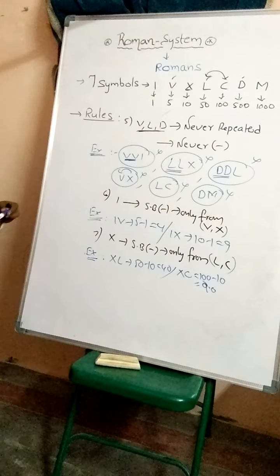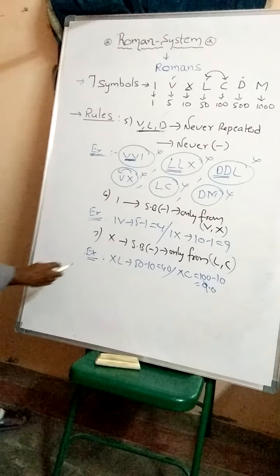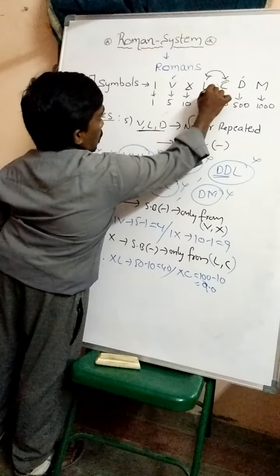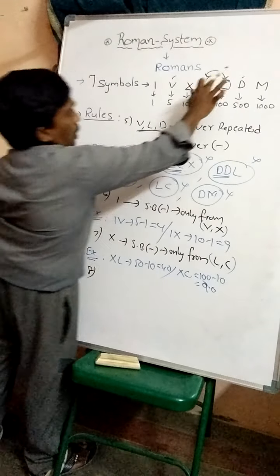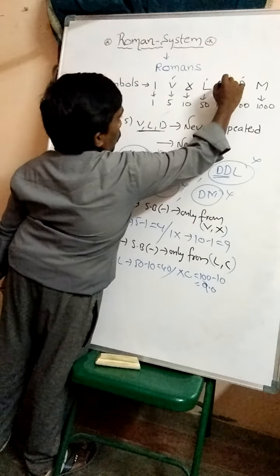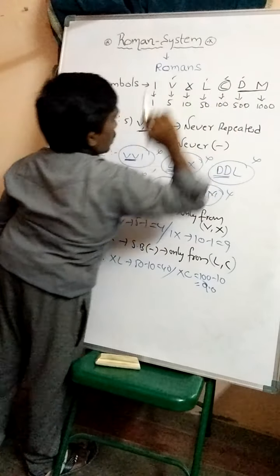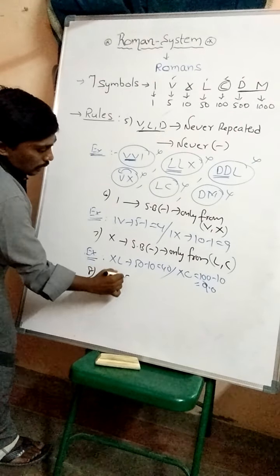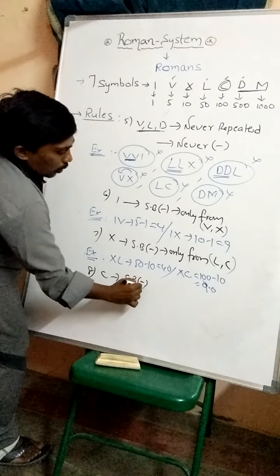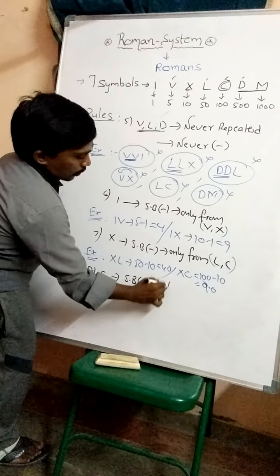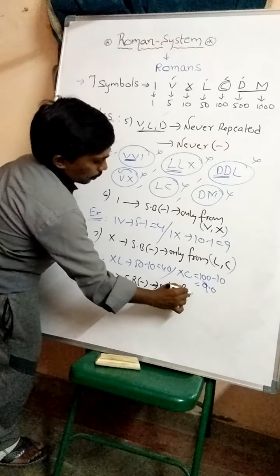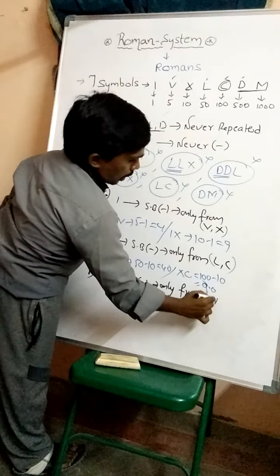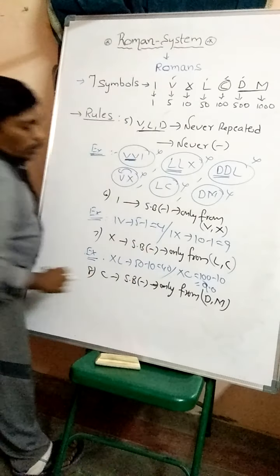And the last point we have here is the 8th point. The remaining symbol is C. C is subtracted only from D and M. You should remember this.